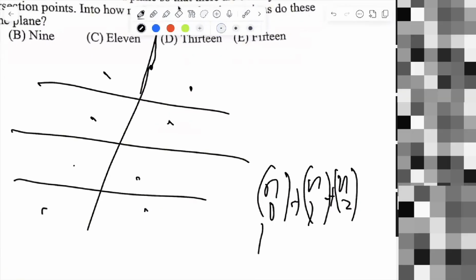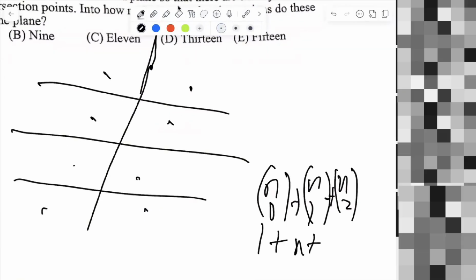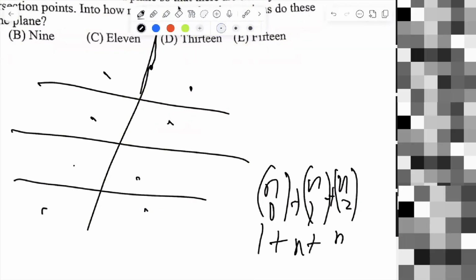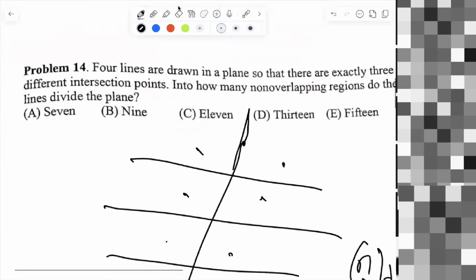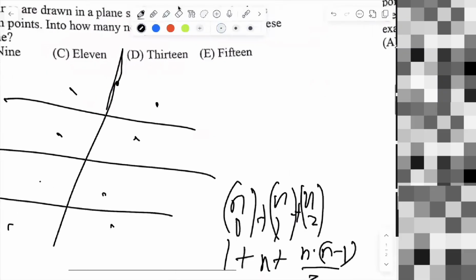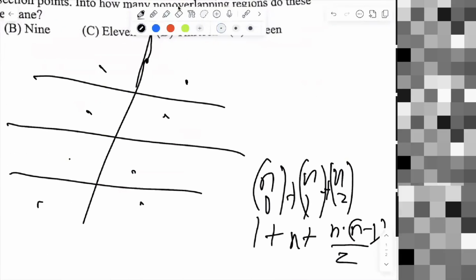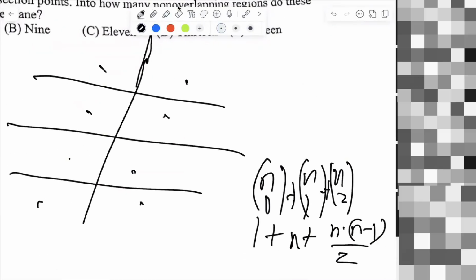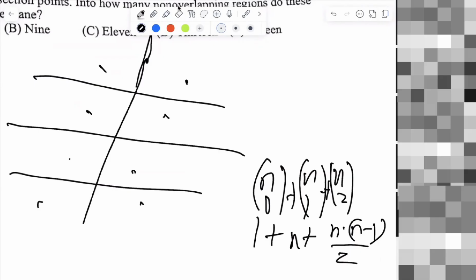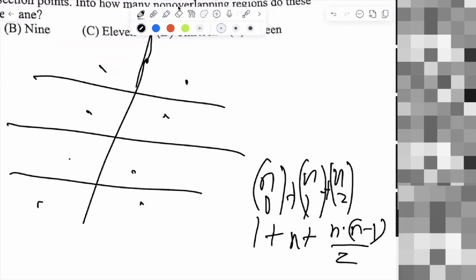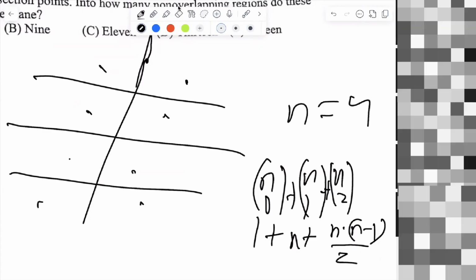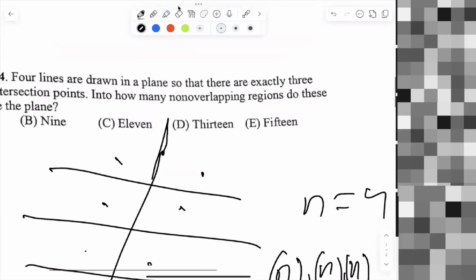So it's just 1 plus n plus n times (n minus 1) divided by 2. We want to choose the optimal. This is the formula for the most optimal. As you can see, trying to draw a diagram is going to take forever, so we just apply a formula. Now plugging in four lines, so n is 4, we get the answer of 13, or D.